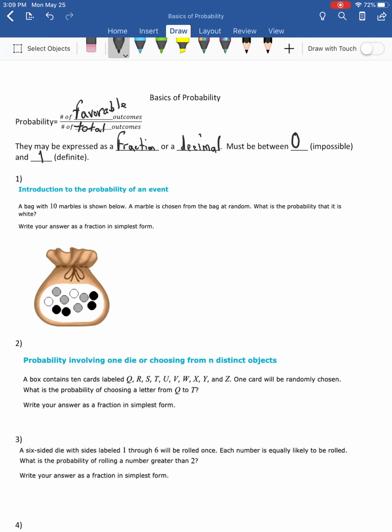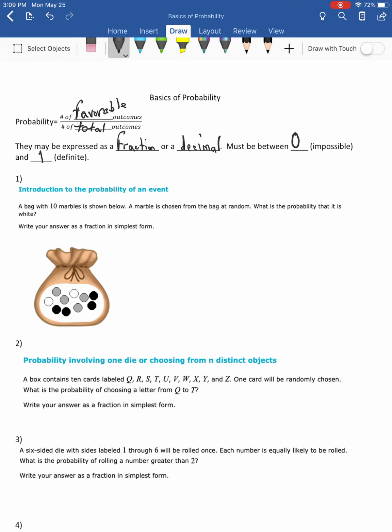So if the probability of rain tomorrow is 0, it's definitely not going to rain. It's impossible for it to rain. If the probability of something is 1, then it means it's definite. It's definitely going to happen. So if the probability of snow is 1 or 100%, then it's definite. It's definitely going to happen.